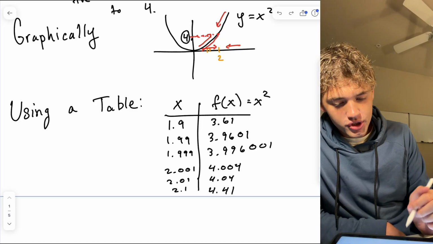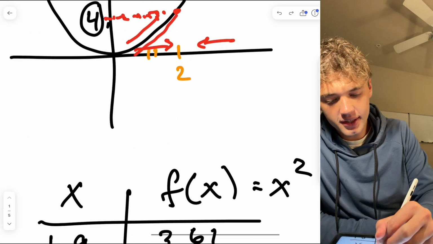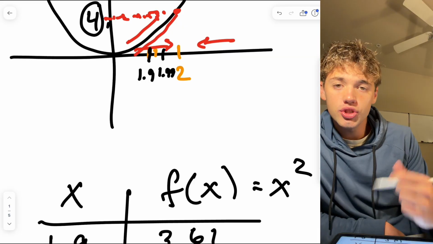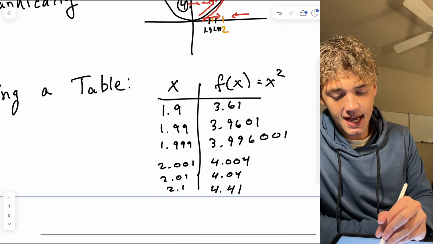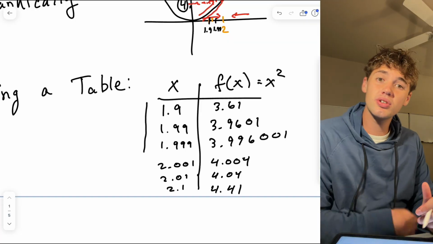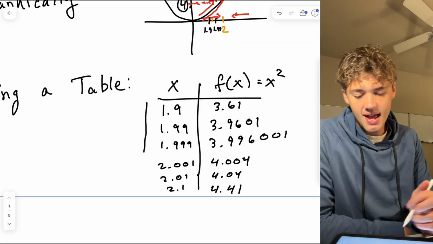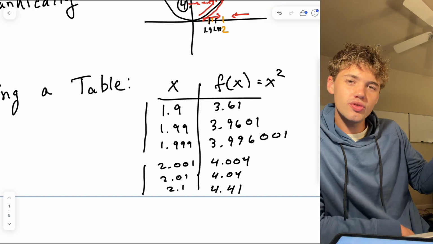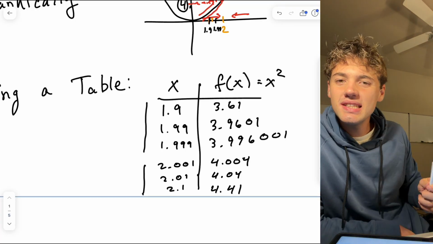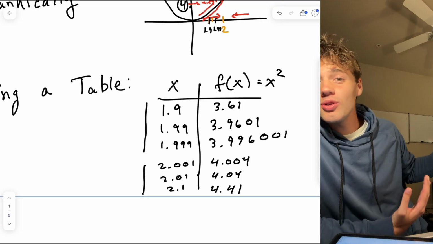And recall that we're just trying to plug in points that get closer and closer to 2. So on the left-hand side, I have 1.9, 1.99, 1.999. They're getting closer and closer to 2 from the smaller side. And from here, we have 2.1, 2.01, 2.001. It's decreasing and getting closer to 2 from the larger side.